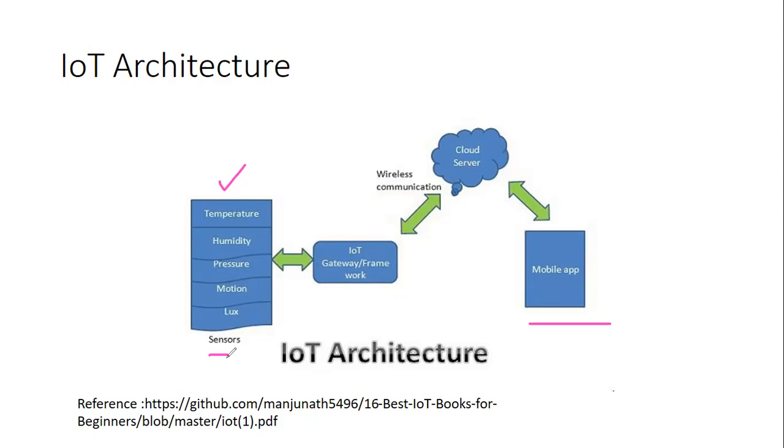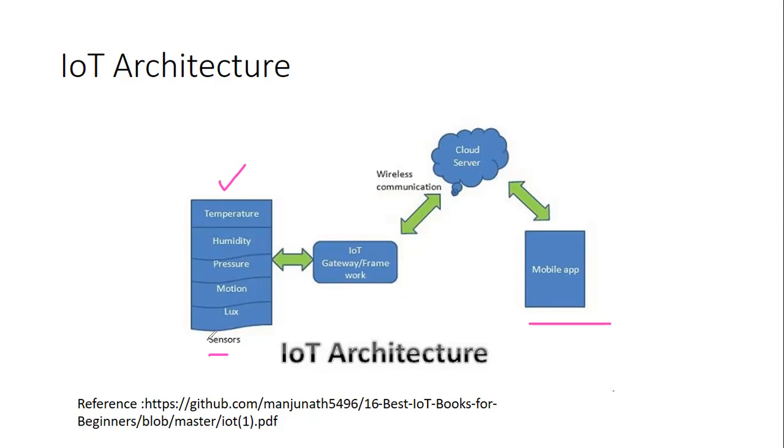The first stage of any IoT architecture is sensors. And what is the function of a sensor? Sensors are used to sense the physical quantity. Sensors are responsible for measuring the physical quantity and converting that physical quantity into an electrical quantity.